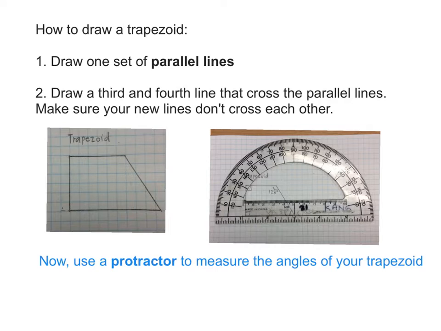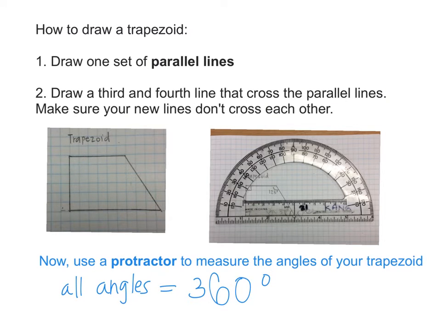What's 180 plus 180? 360 degrees. If you measured all 4 angles of your trapezoid correctly, they always need to add up to 360 degrees. So you'll notice that all 4 angles will always add up to 360 degrees inside your trapezoid. If they don't add up to 360, you did not measure accurately.